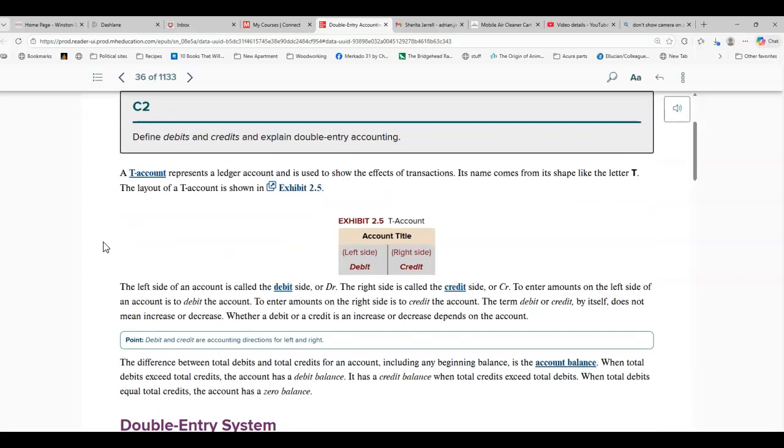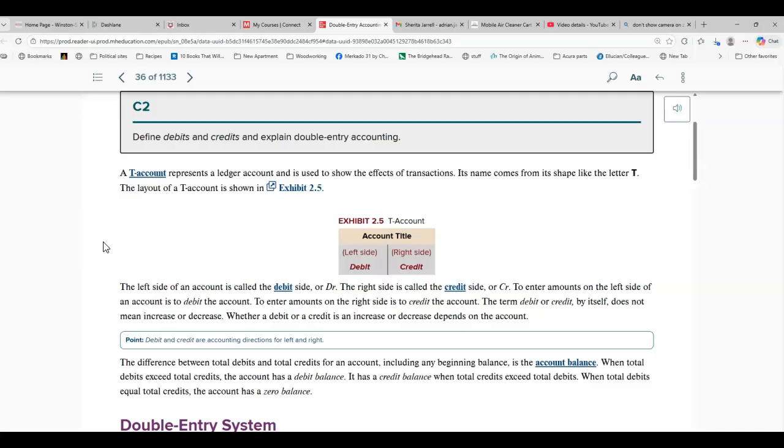So before, we've had a column, and we'd have cash with a positive and a negative, and a positive and a negative. We don't generally do positives and negatives in an account. What we do is we have an account with two sides, and one side of the account shows an increase to that account and the other side shows a decrease.